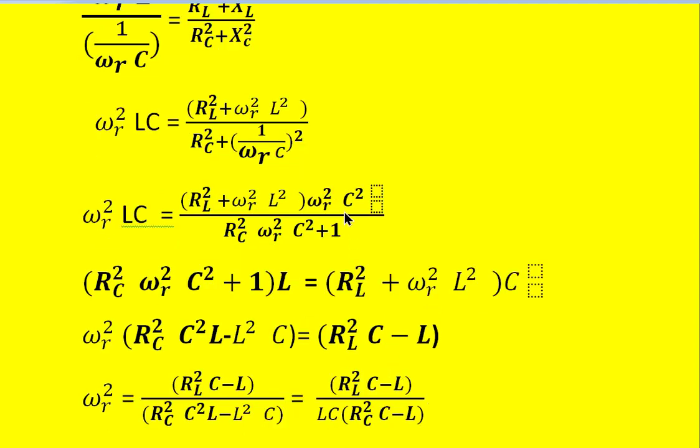Then after simplification, omega R square cancels, C cancels with the C, and L remains.